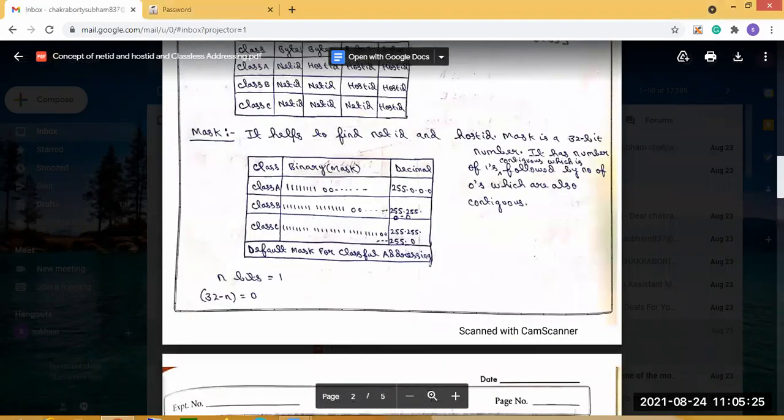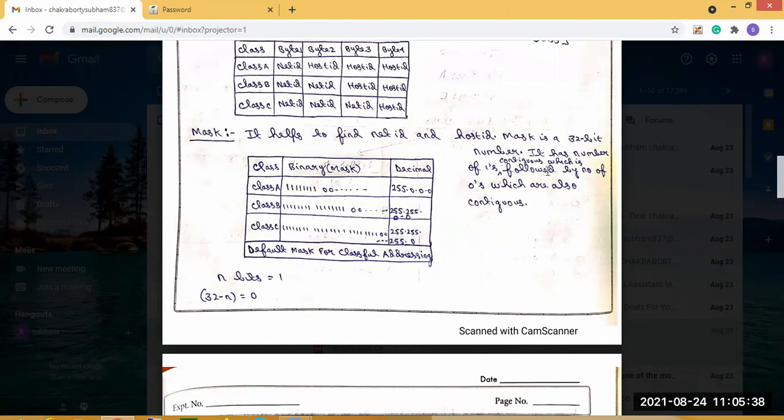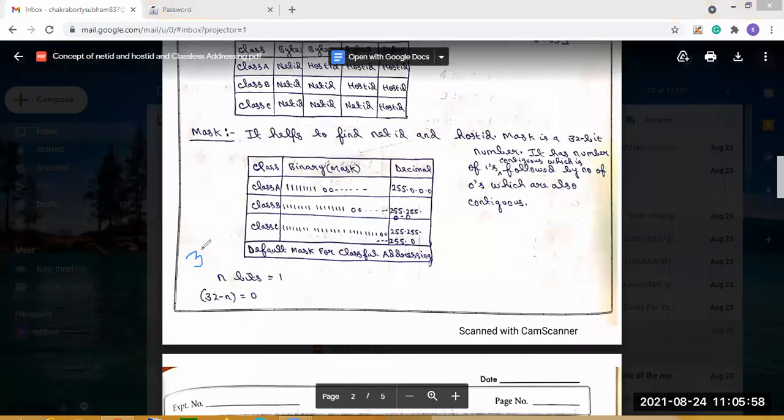Now, our total is 32 bits. It is said that the mask is a number of ones contiguous, followed by a number of zeros, which are also contiguous. So the first n bits will be 1 and the remaining 32 minus n bits will be 0.